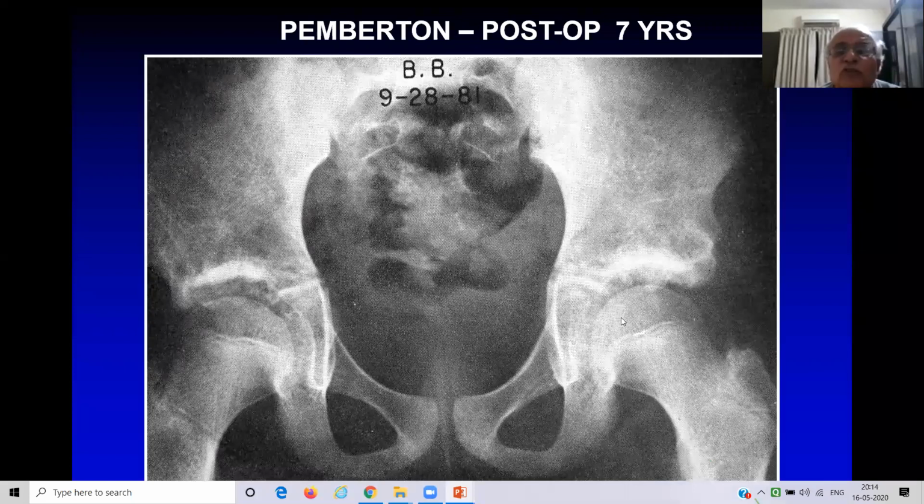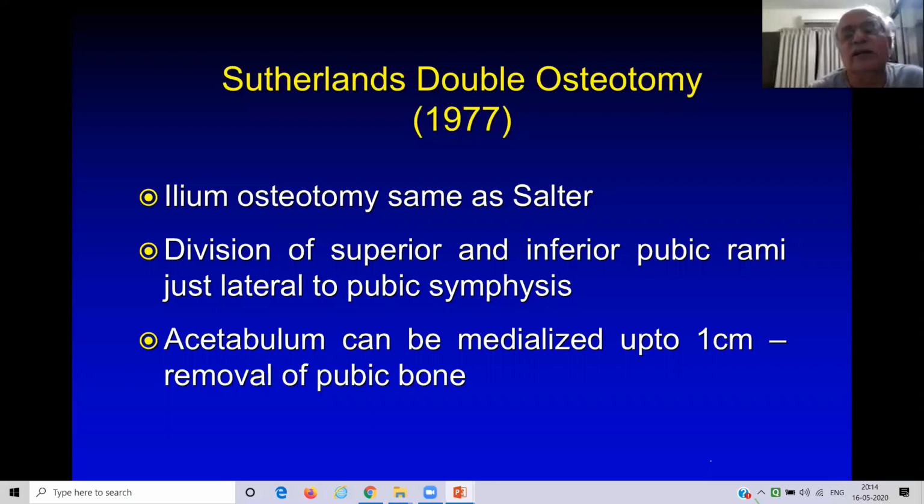Both sides are almost equal teardrop, and look at the thickness of the sourcil on both sides, and this is Pemberton osteotomy. So Pemberton, now you got it. Yes, sir. Pericapsular, more versatile, volume changes, and it does not require much wires or fixation.